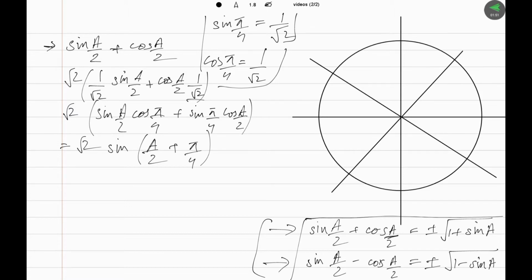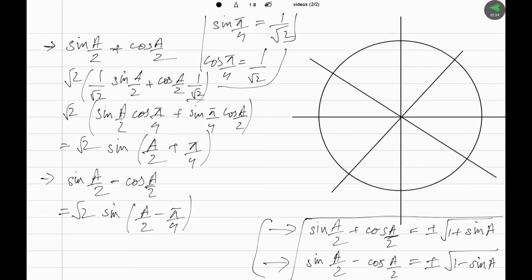Similarly we can find the second one, with the negative sign, sine A over 2 minus cosine A over 2, which will be equal to square root 2 sine of A over 2 minus pi over 4. There's just a difference of a minus sign.